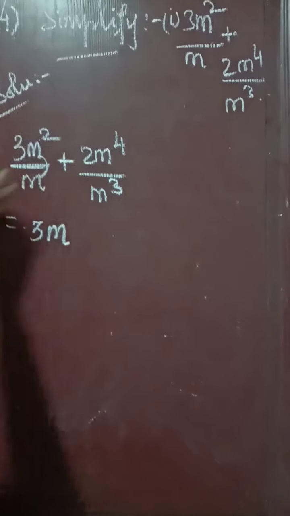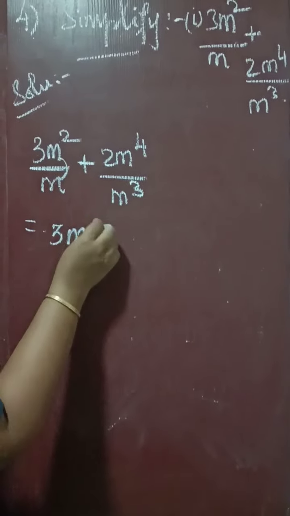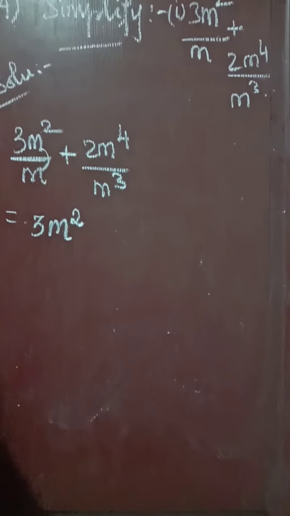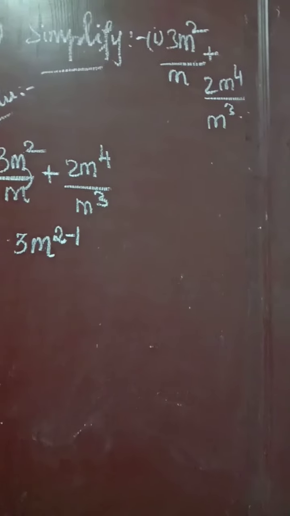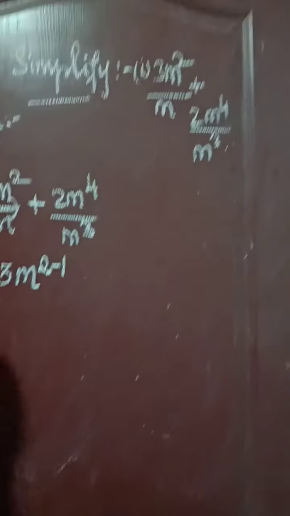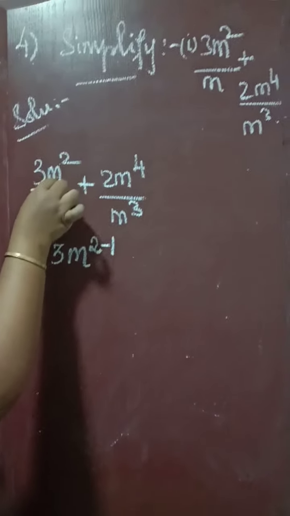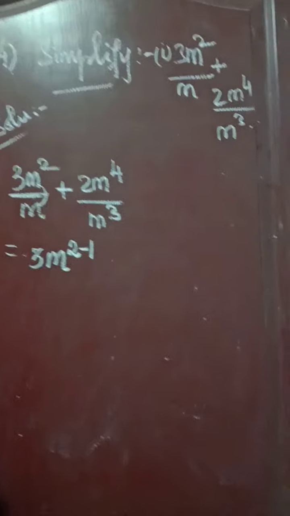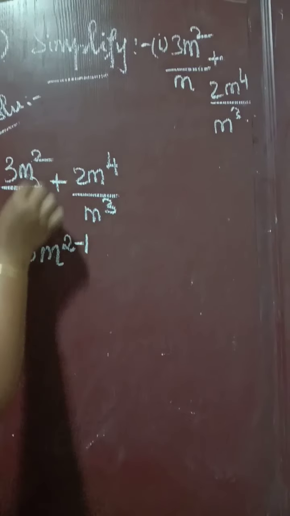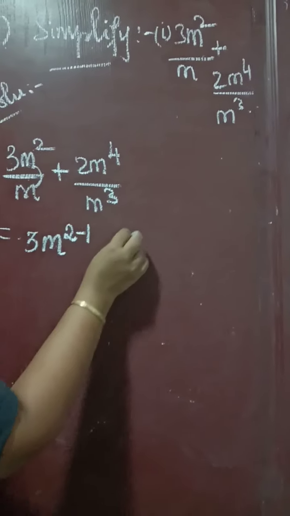What is the power of the numerator here? Yes, 2. Here what is the power? Nothing is given, so it is understood as 1. So 2 minus 1. In division if the bases are same, we subtract the power. So 2 minus 1. So next one is plus.